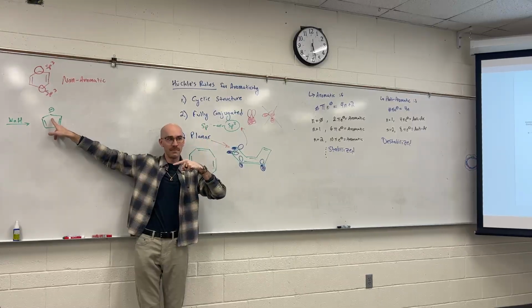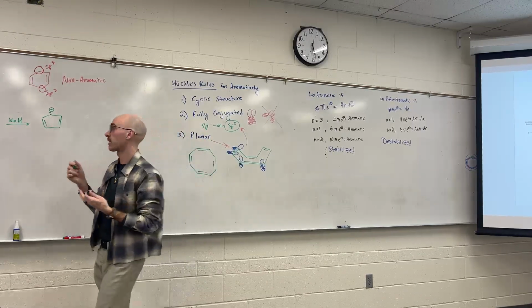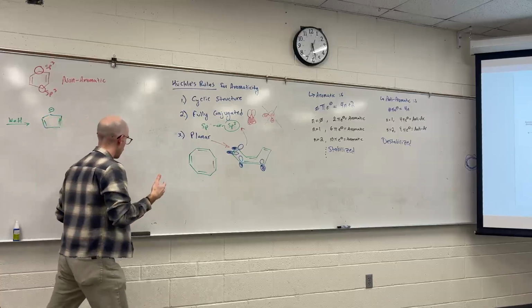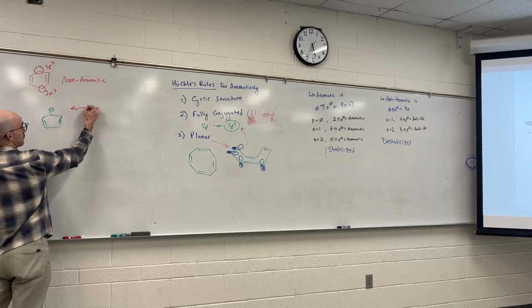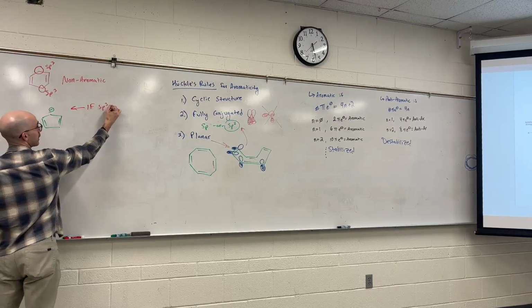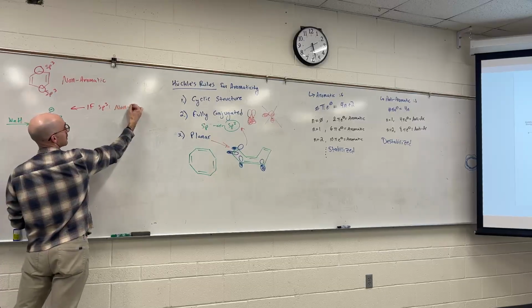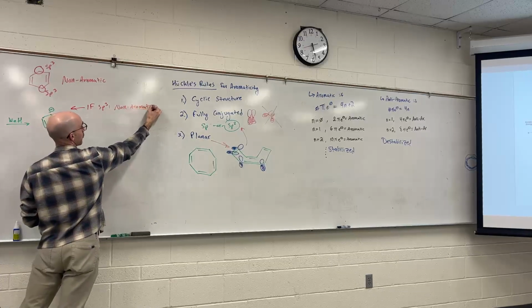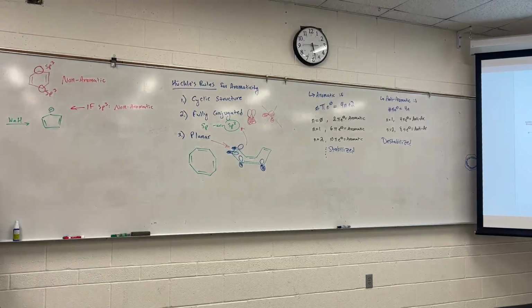If this atom is sp3, and I'm going to posit this as a scenario, then the system is non-aromatic. And can someone remind me, why do I think it might be sp3? Because it's got 4 electron regions. What if it put that electron pair not in a hybridized orbital, but in a p orbital?